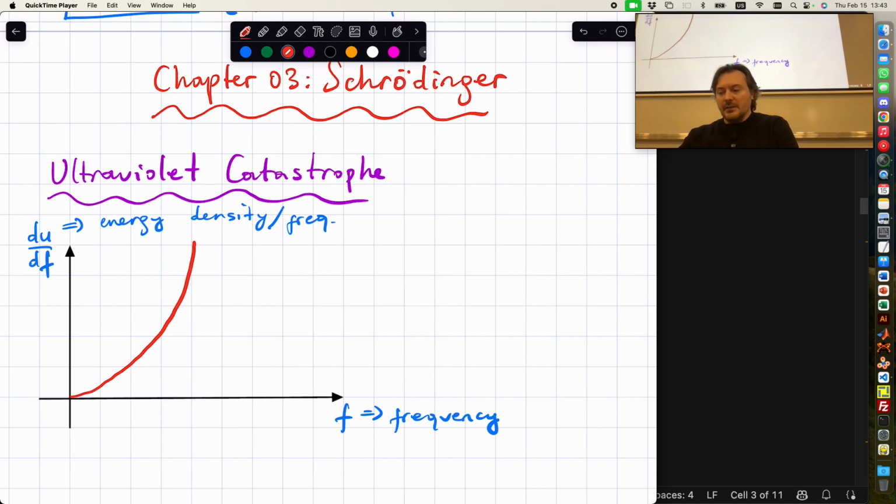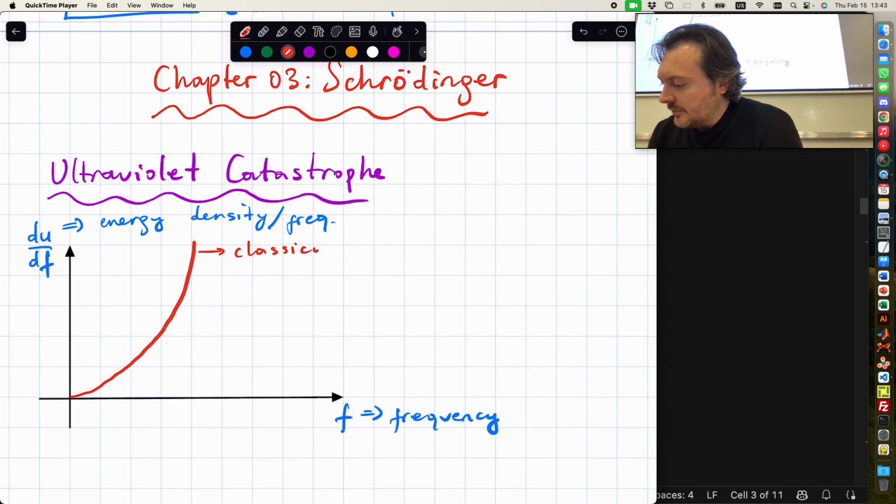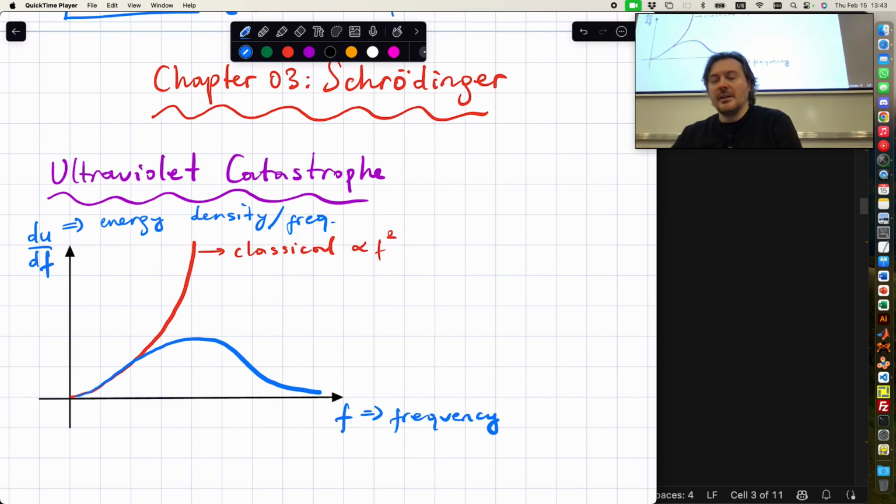So classical physics predicts that dU over df should be proportional to f squared, but the experiments are like this. Are you happy with this? No, it doesn't match. Because it doesn't match, I don't like the result. Yes. So, very good. People also didn't like the result.